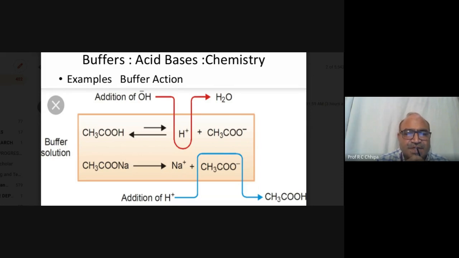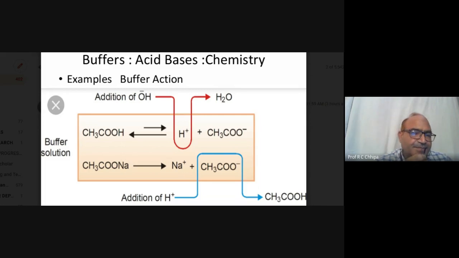Then the salt: we have already discussed that an acid and a base combine with each other and give a salt. So acetic acid and sodium acetate together form a mixture, and that mixture is called the buffer, the acid buffer.